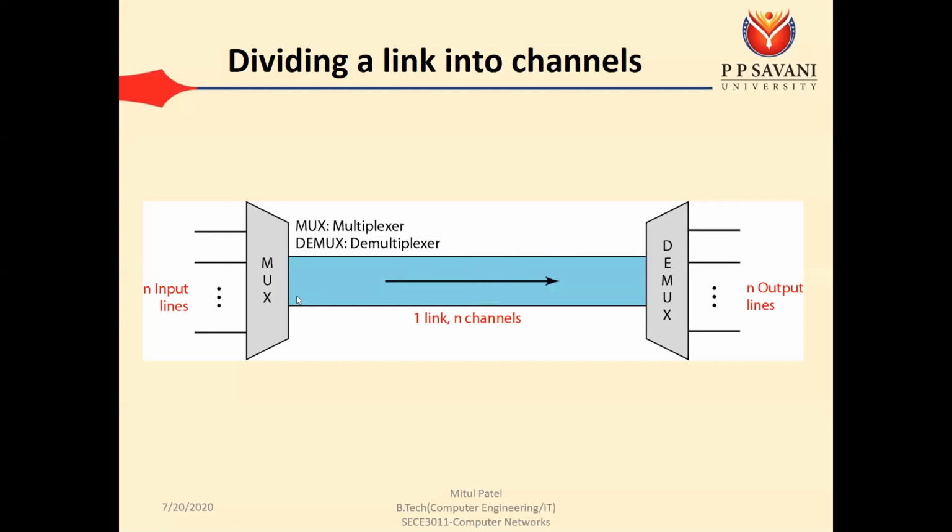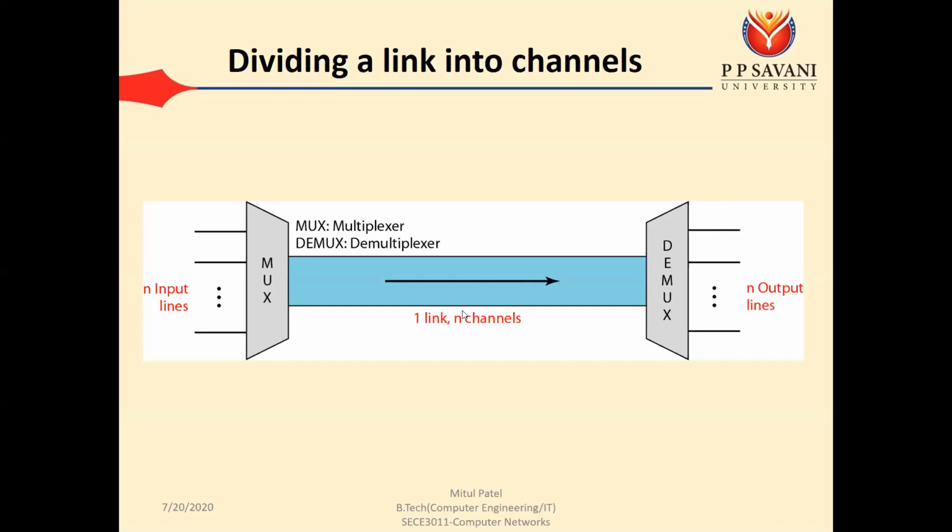To combine the data from the various users, we require multiplexers. Using this multiplexer we can combine the data from the multiple users, and the combined data is sent through one link from sender to receiver. At the receiving side we have the demultiplexer that will separate the data based on the different users.